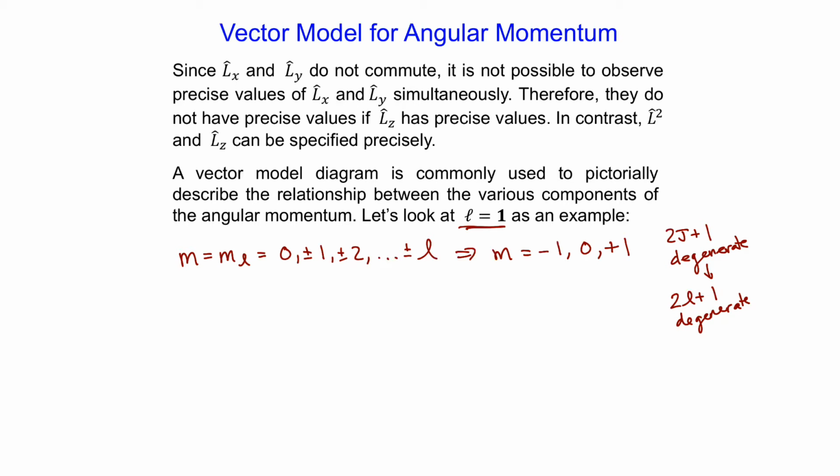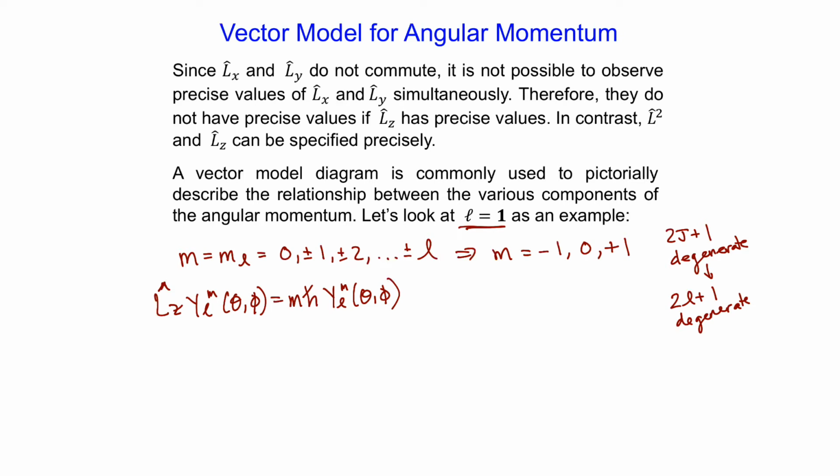Okay, so we know some things about our angular momentum eigenvalues. We know our z component. If we look back to the result of this, we know that our eigenvalue for Lz acting on our spherical harmonics, we said, was m h bar.